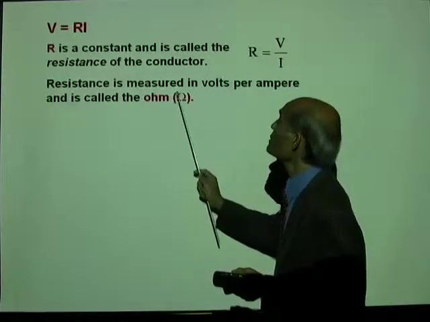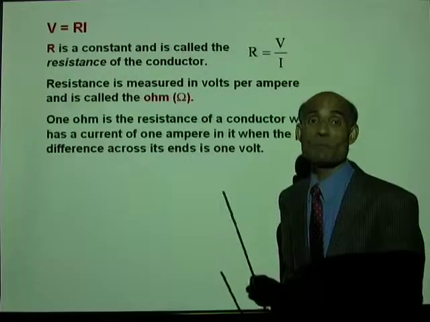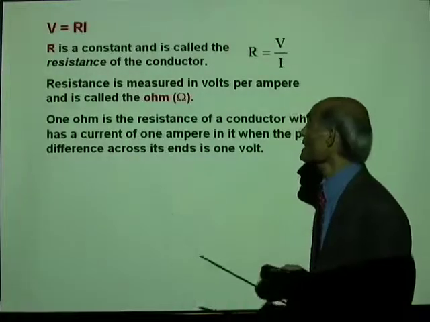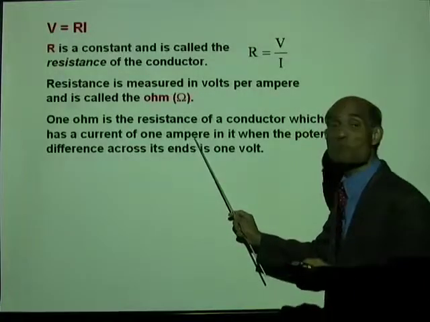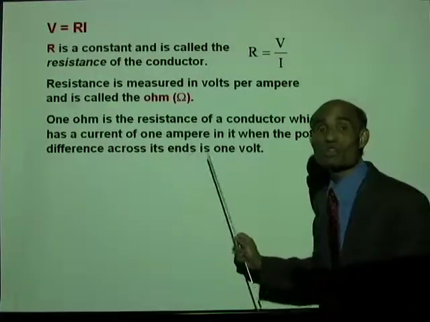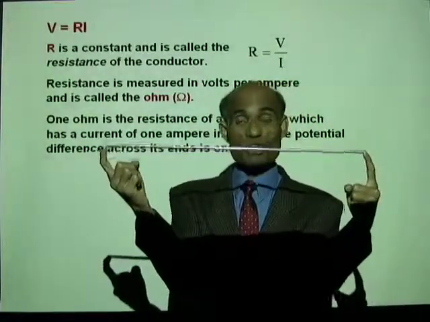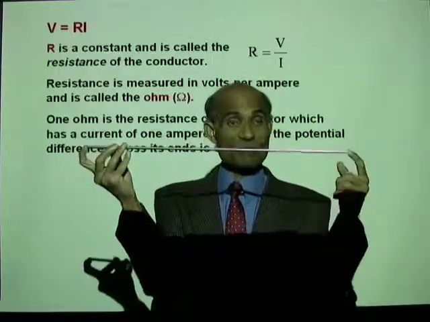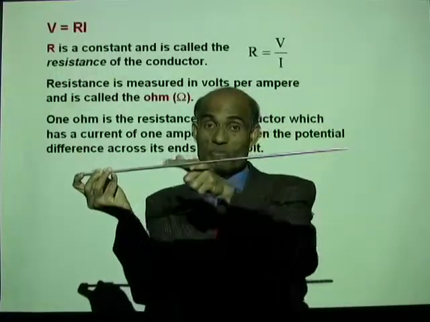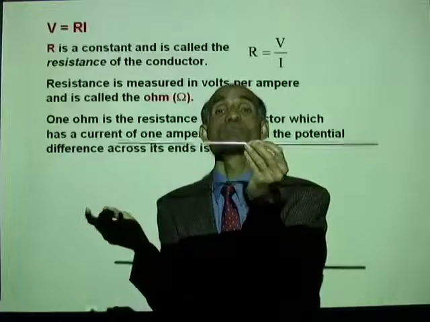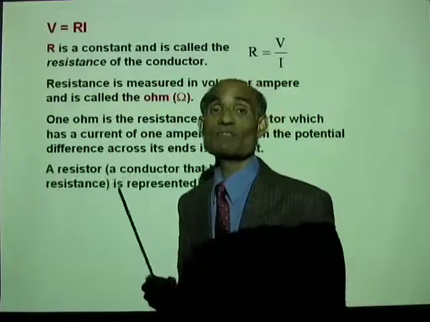So resistance is measured in a unit called ohm, represented by the uppercase omega. 1 ohm is the resistance of a conductor which has a current of 1 ampere in it when there is a potential difference of 1 volt. So if I can produce a potential difference of 1 volt between the ends of this conductor, and at that time a current of 1 ampere flows in this conductor, that means the resistance of this conductor is 1 ohm. That is the definition of resistance.